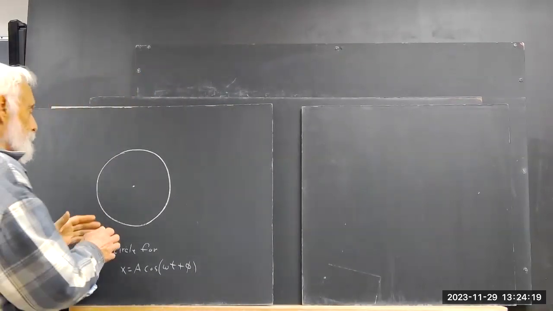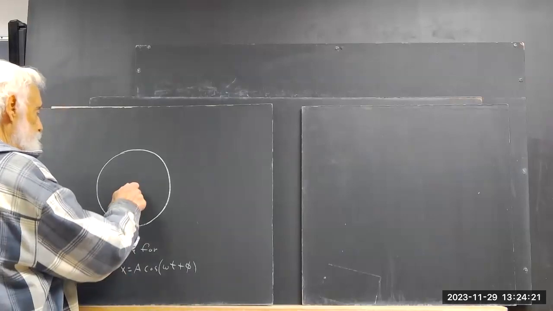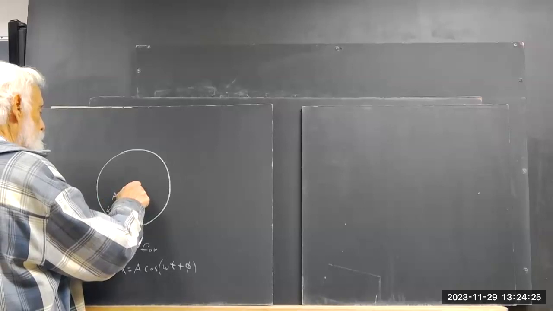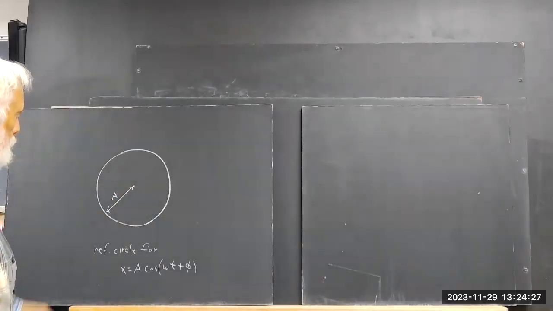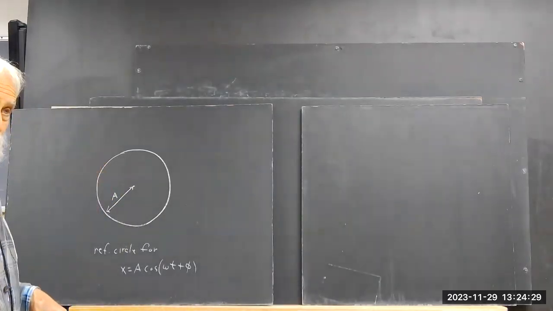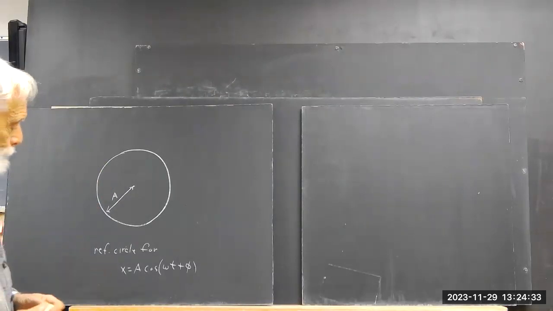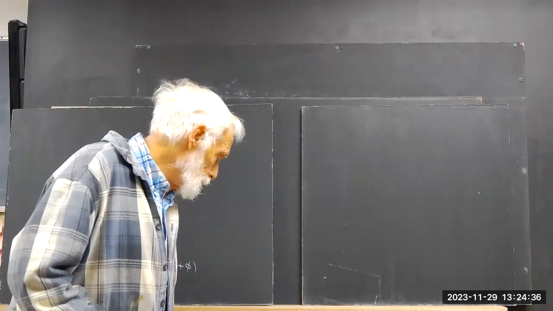Okay, the reference circle has radius A. Put two arrows on this thing to indicate that it's not a vector. And I'll agree to draw my vectors all in color.